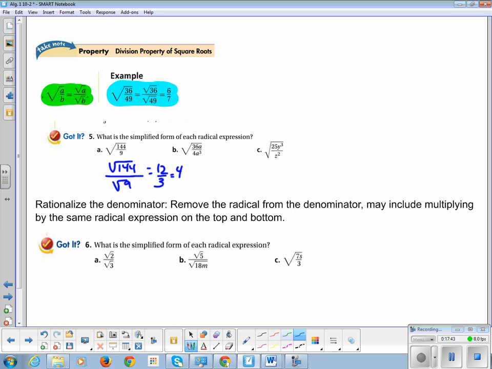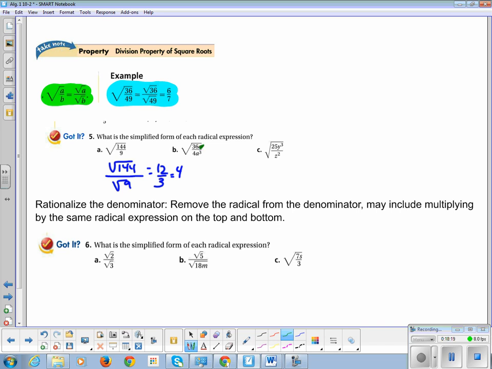So the first one, the square root of 144 over 9, is the square root of 144 over the square root of 9. That's equal to 12 over 3, and oh yeah, I know that's 4. Can't fool me. So in this scenario here, this is the square root of 36. Let's take care of the a's first.